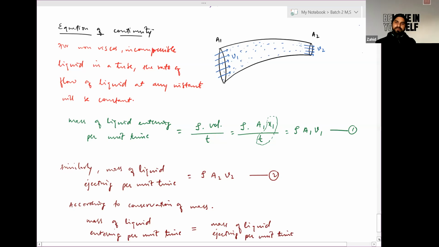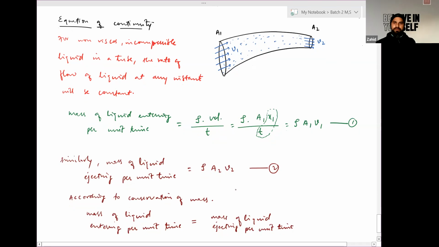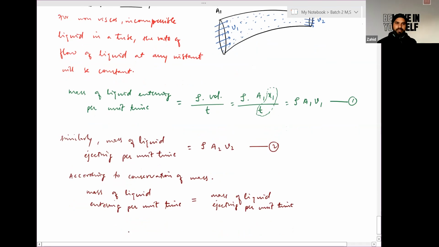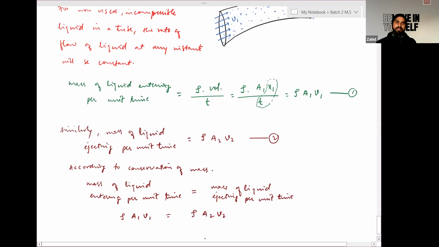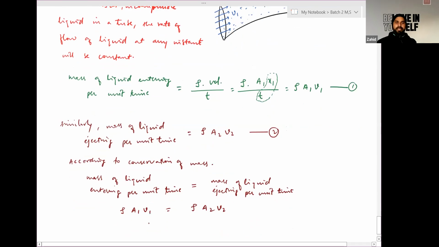Now put the values of these two terms from equations 1 and 2. So rho A1 V1 equals rho A2 V2. Rho is the same, so this will cancel out. So you're left with A1 V1 equals A2 V2.